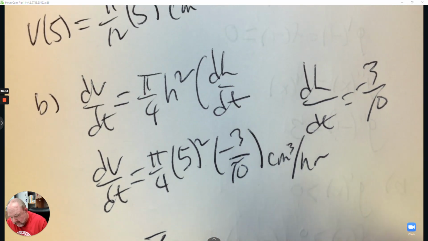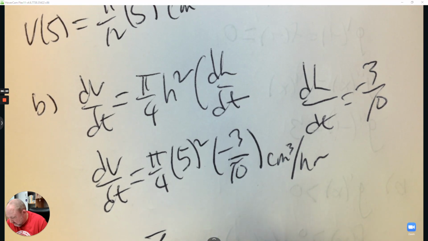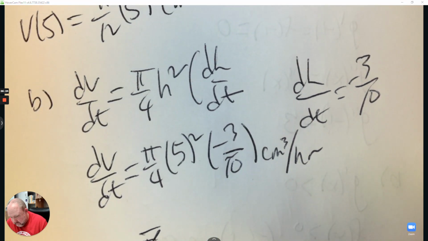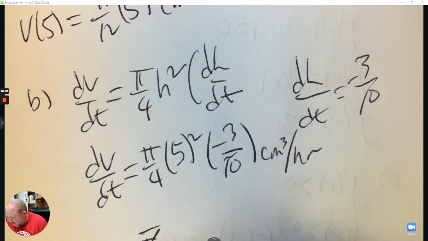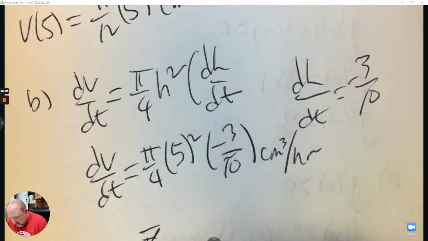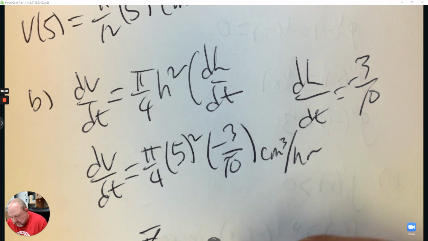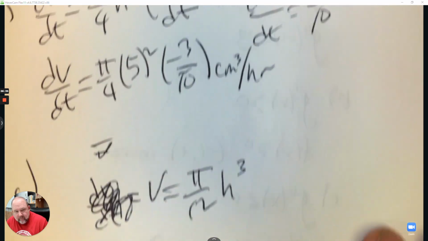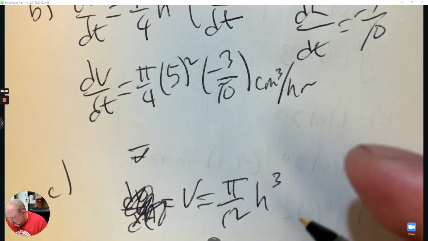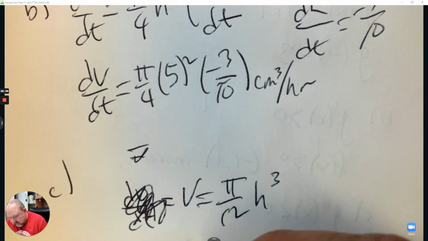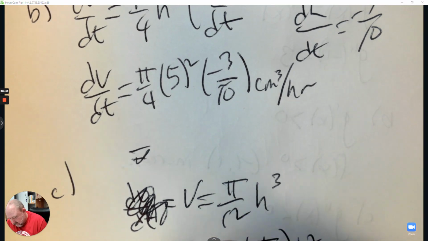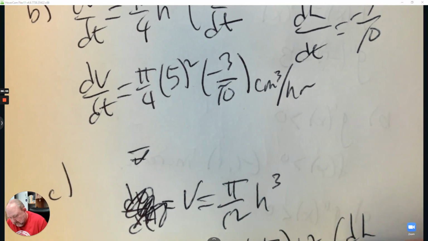So when I took the derivative of the volume, so volume is pi over 12 h cubed. We did that already. When you take the derivative, this is what we got.